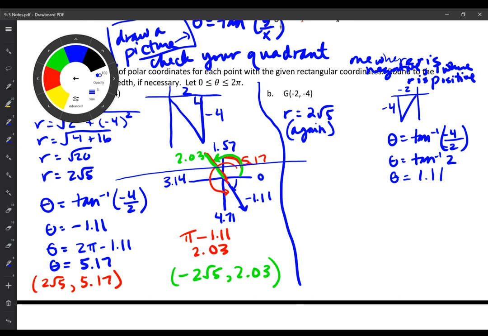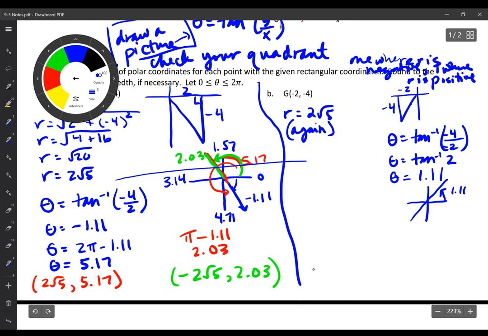And so when I am writing down my ordered pair, how do I want to do my first one? So I know that this 1.11 is not going to be this angle down here. So 1.11 is giving me this angle up here.